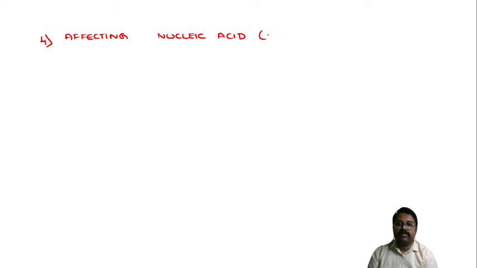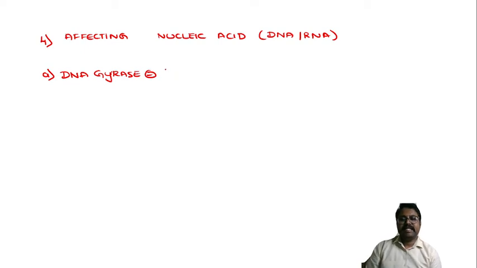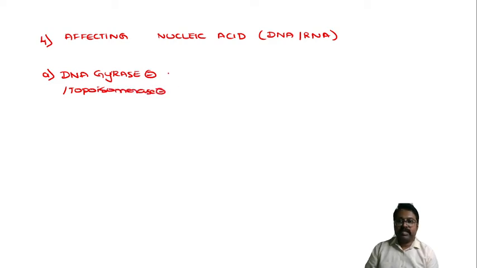Next, the fourth group is the drugs which are affecting the nucleic acid. Basically, they will affect the DNA as well as the RNA synthesis process. The first group we have is the DNA gyrase inhibitors, also called topoisomerase inhibitors.